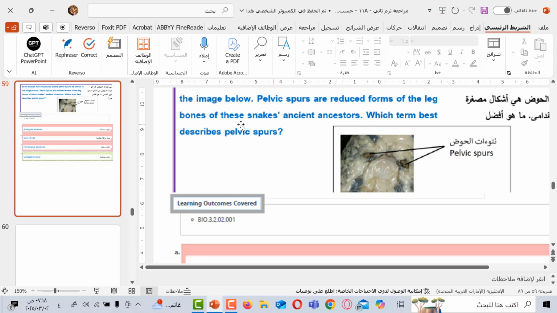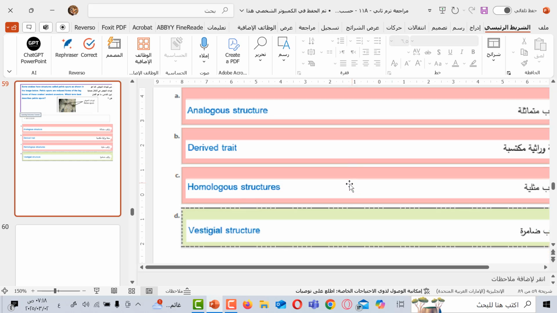Which term best describes the pelvis bones? It means vestigial structure. Vestigial structure. Okay.